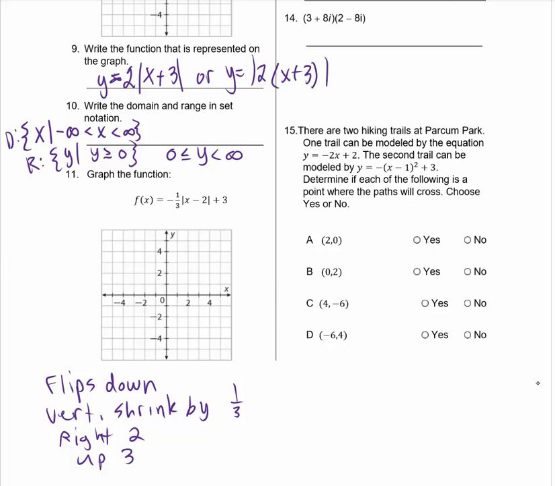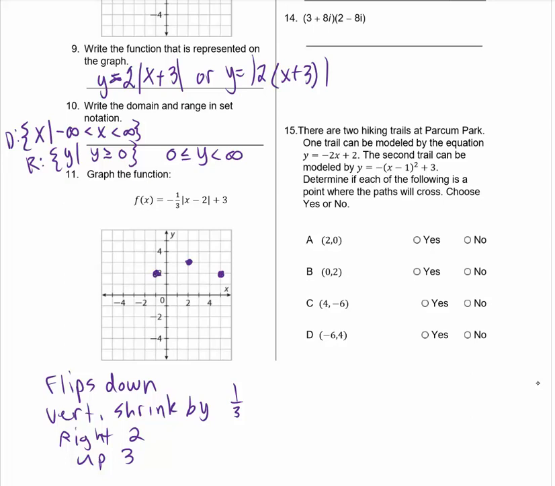So the first thing I would do is put our bottom or top point, which is right 2, up 3. Call this our vertex. Just like on a parabola, that's our high point or our low point. Since it's flipped down, that's our high point. When I draw my next points, it's actually easiest to think of this slope of 1/3 that I want to do down 1 over 3 each direction.